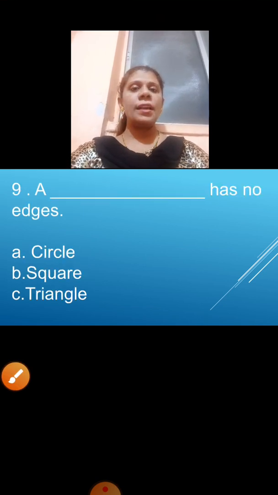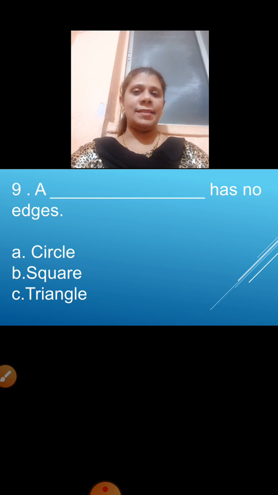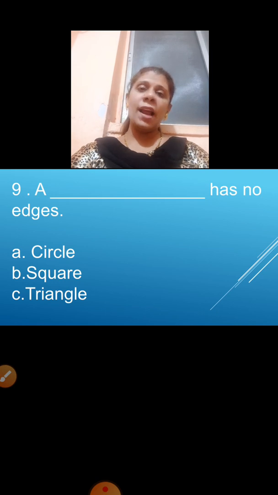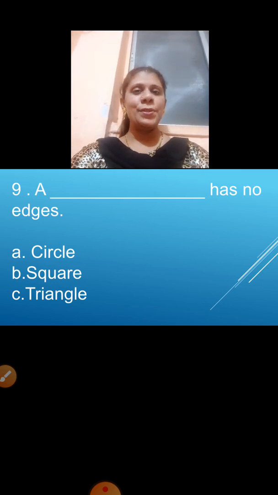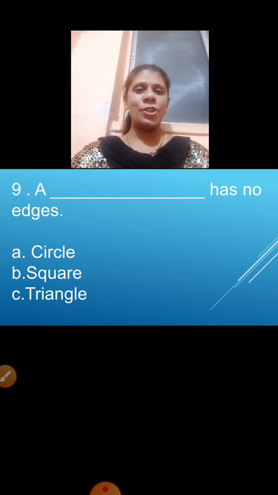A dash has no edges. Circle, square, triangle. Now tell me, what answer you are going to take?